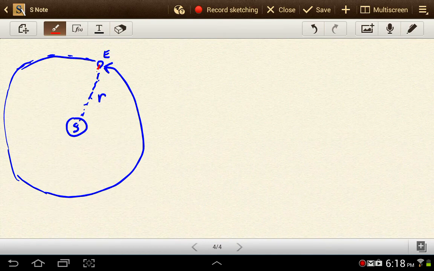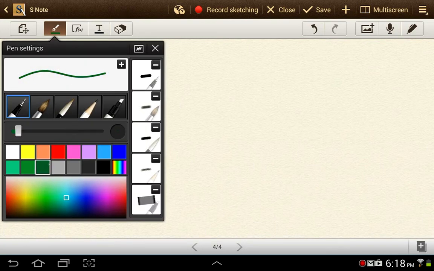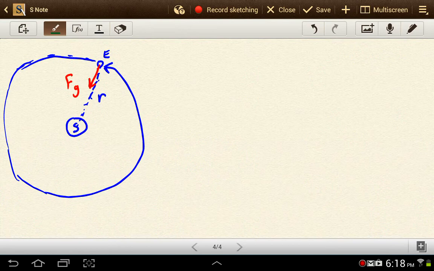So here is the gravitational force that the Sun exerts on the Earth, and that is what's keeping the Earth going in a circle. Let's take a different color there. We know the period of the Earth's orbit is 365.26 days. That doesn't quite seem right, but whatever.